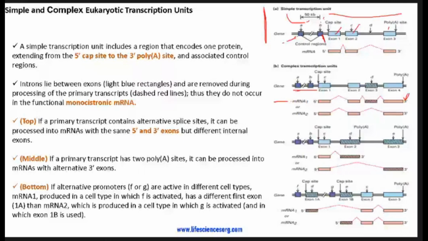So one gene can make more than one mRNA. This is another gene structure in which one gene makes more than one mRNA, and both mRNAs have different exons and different sequences, and they will make different functional products.